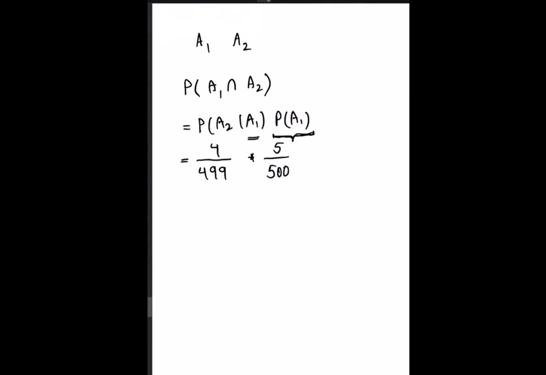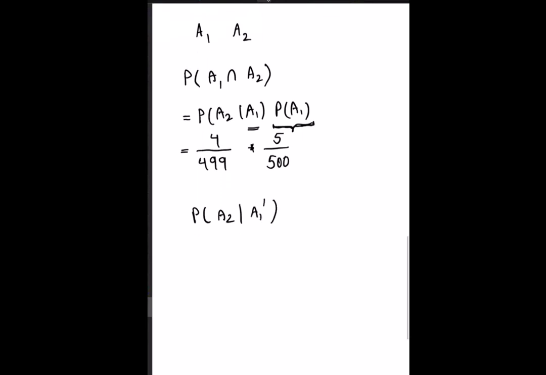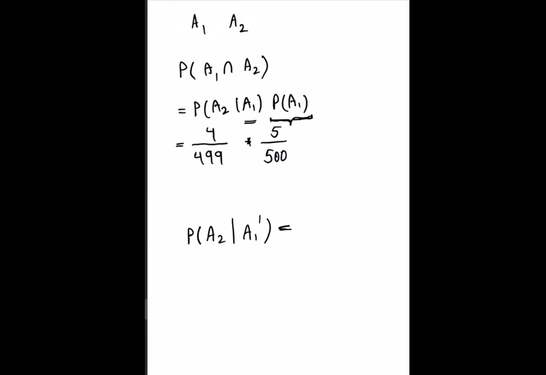Part B: calculate the probability that the second one selected is defective, given that the first container is not defective. Okay. What is the chance that the second container is defective, given the fact that I know the first container that I selected is not defective?